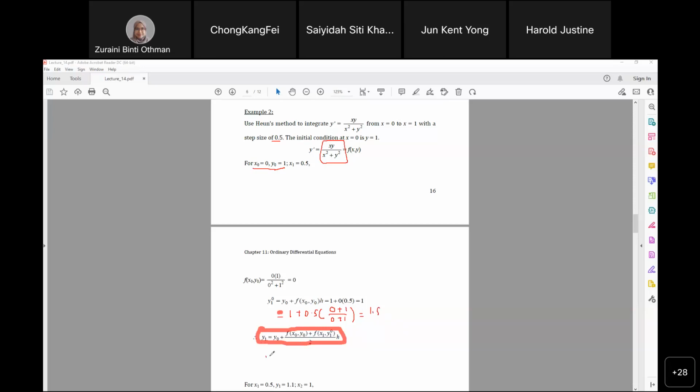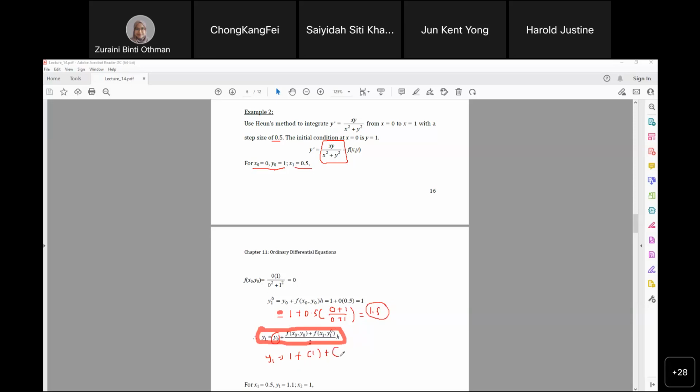Then kita dapat Y1 kita ialah ambil nilai Y0. Ikut je formula ni. Y0 ialah 1. 1 campur. Okey, f(x0, y0) ialah yang nilai tadi. Nilai ni. Which is, it is 1 plus f(x1, y1) yang ni. Kita kena guna nilai yang baru ni. Okey, nilai yang baru ni dengan X1 0.5.